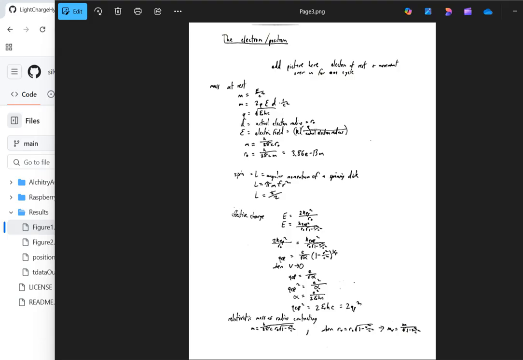Where were we? Right, so we were doing mass, and this is the mass at rest, not the relativistic version. We did spin, and then we're looking at effective charge. Originally, in the first paper, I just looked at the charge for the stationary case, but the light charge hypothesis actually makes a pretty different prediction, which is that not only do you get length contraction relativistically, but the charge contracts relativistically as well.